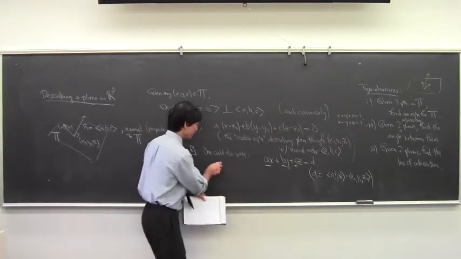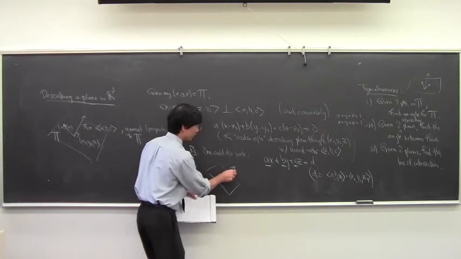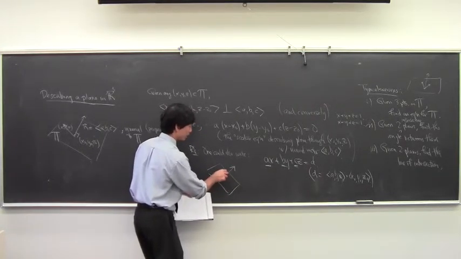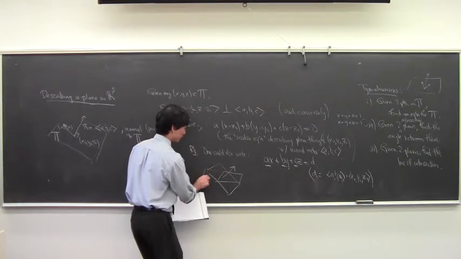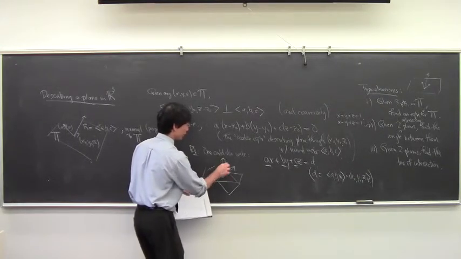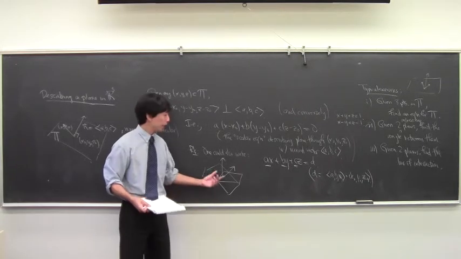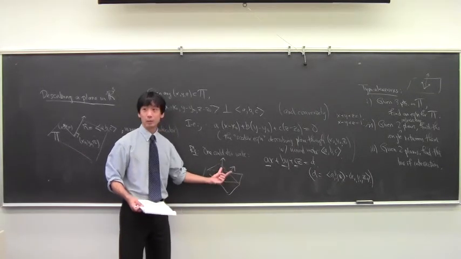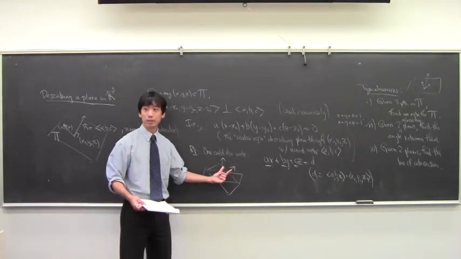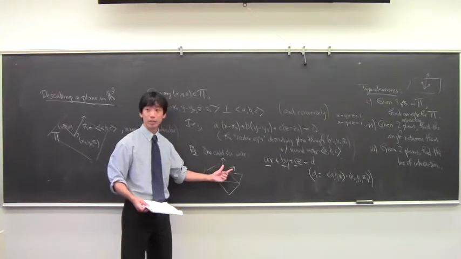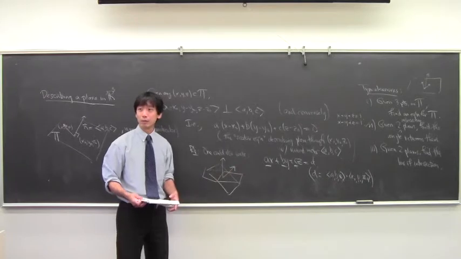So you have the plane, and you know a normal vector to one. You have this other plane that passes through it, and you have the normal vector to that one. Well, the angle between the normal vectors will give you the angle between the planes. So take the dot product of these and then use the cosine formula.